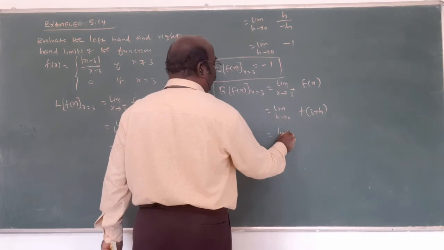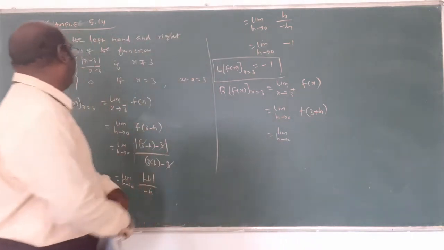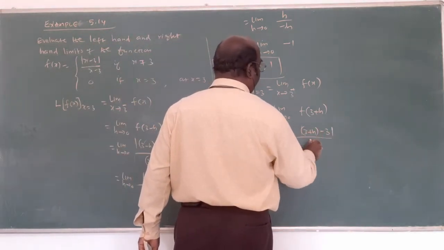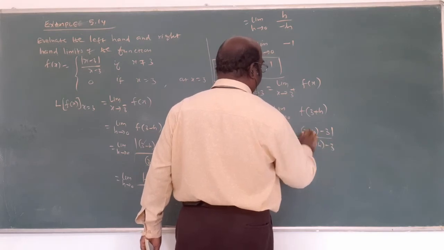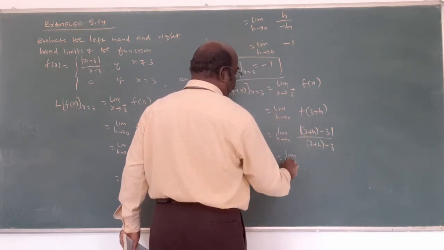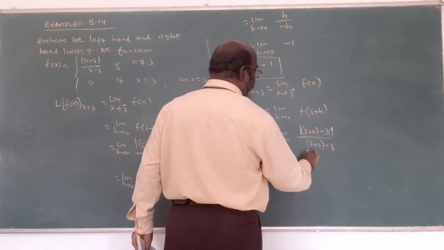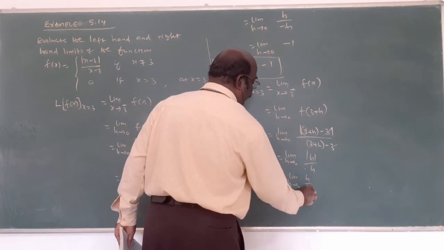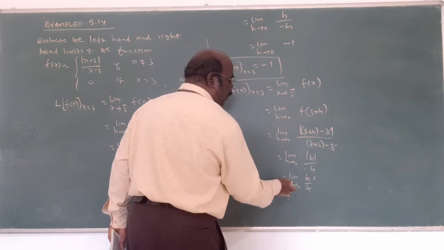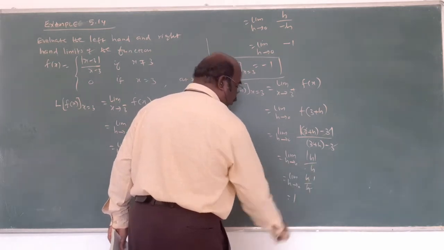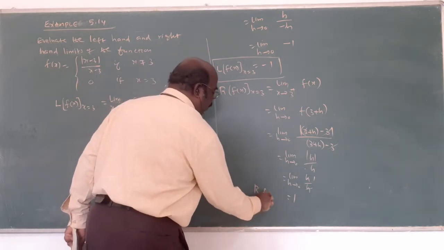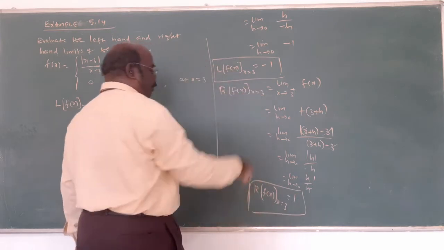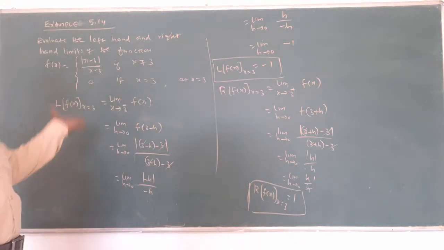Now apply limit h tends to 0 of f of 3 plus h. The numerator is 3 plus h minus 3, and here also 3 plus h minus 3. Modulus of h is only h, and it cancels, giving 1. No h remains. Therefore, the right hand limit of f of x at x equal to 3 is 1. The left hand limit is minus 1. This is called the left limit and right limit.